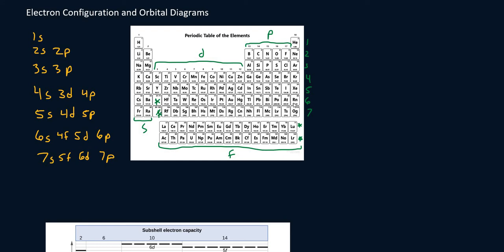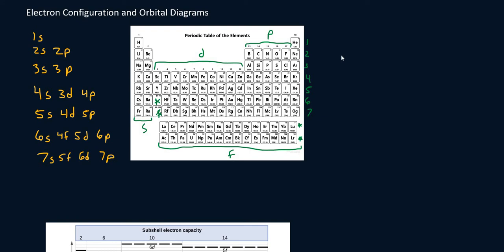And maybe that's when this can start getting a little confusing, but just remember, 6S, 4F, 5D, 6P. 7S, 5F, 6D, 7P. But if you can just remember that D starts at 3 and F starts at 4, you'll be golden. S and P both follow the same pattern. D and F don't.